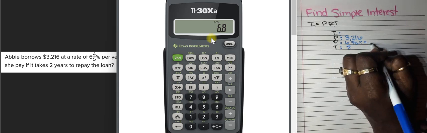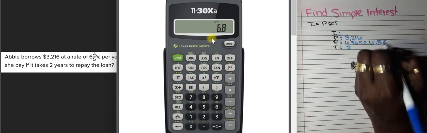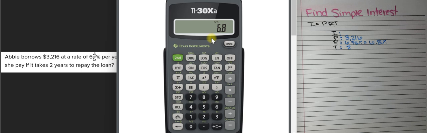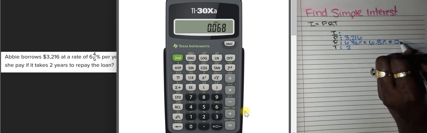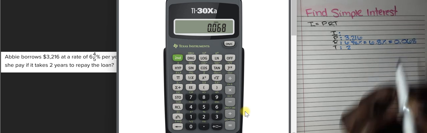So that's the same thing as 6.8%. Then you can just move your decimal 2 places to the left. If that doesn't work for you, you can take this number, hit the second button, and then press the percent button, which automatically converts it. So the decimal equivalent is 0.068.